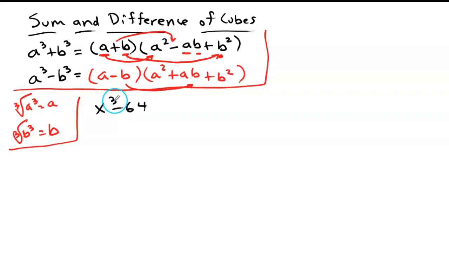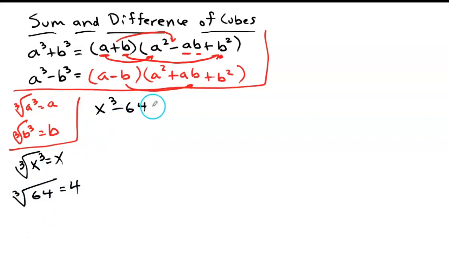Because I see a 3, this could be a difference of cubes. Is 64 a perfect cube? First of all, let's do the cube root of x cubed, which is x. Then I do the cube root of 64, not the sign. If you put that in your calculator, you get 4.